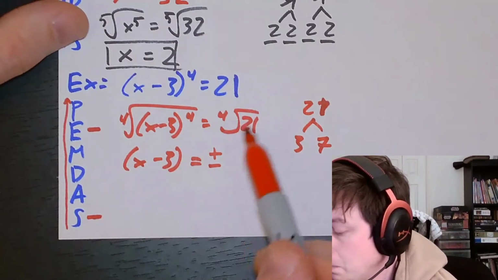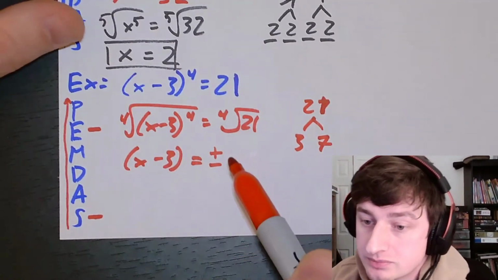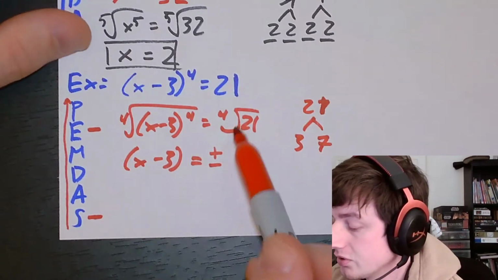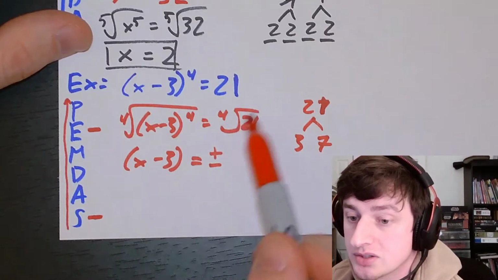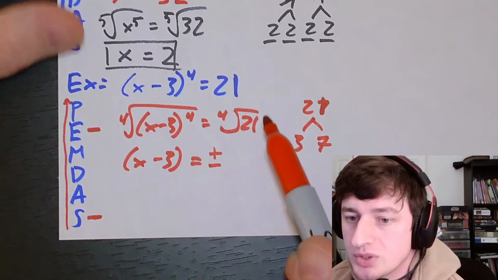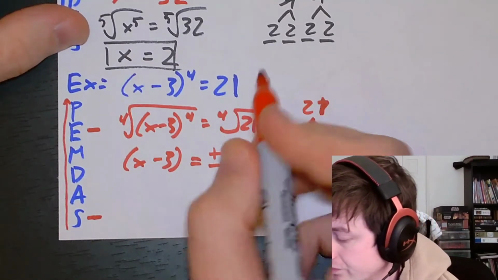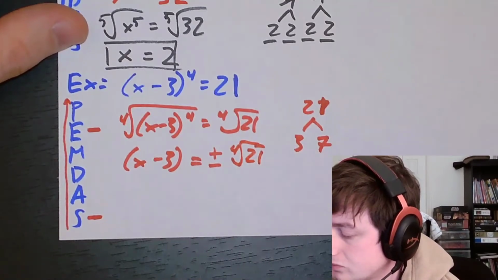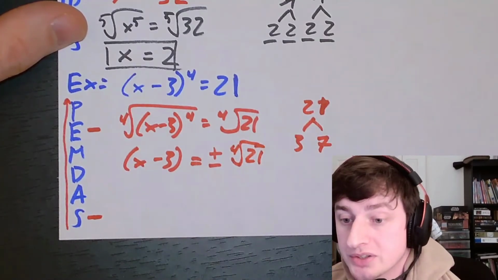We could write it as a decimal. But it's going to go on forever. So we're never going to get to the end of this number. And so instead of rounding and losing a bunch of information, we just leave it like this. This is the 4th root of 21. Plus or minus because it's even.